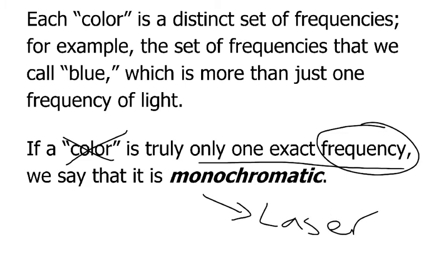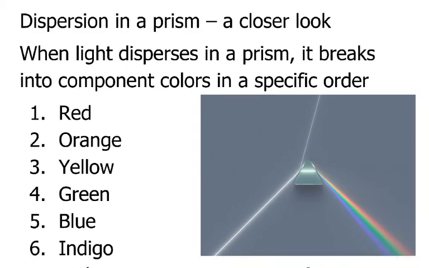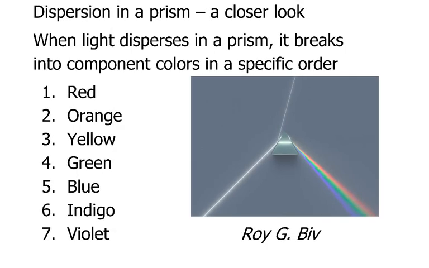All right. Last thing for this: the order of the colors. When white light disperses in a prism, this is that same picture again, it breaks up into its component parts, and those colors are typically given seven different names. I guess recently they decided to get rid of the indigo, but I believe it's still there for the IGCSE syllabus, so we're going to go ahead and learn it, just so you know.